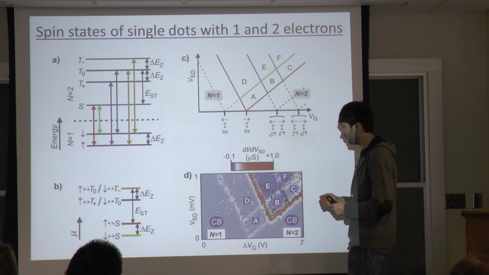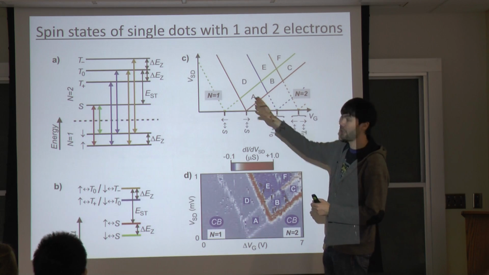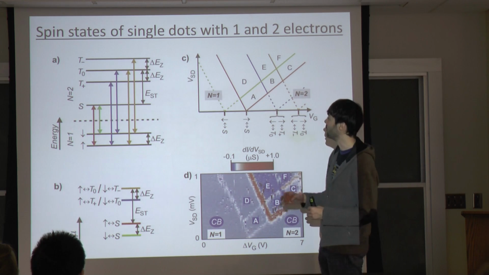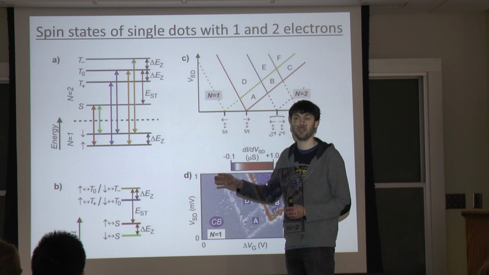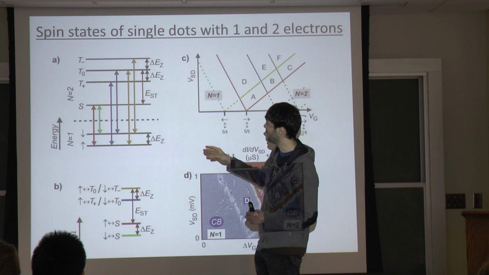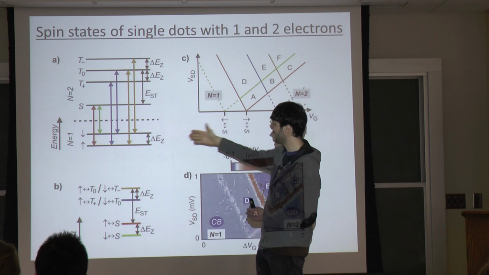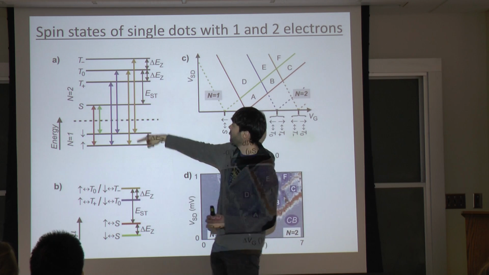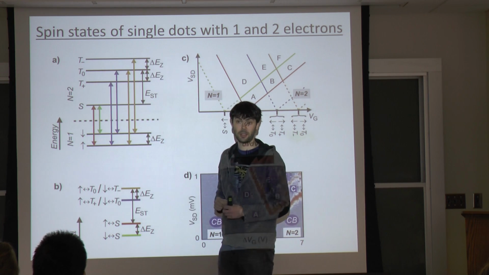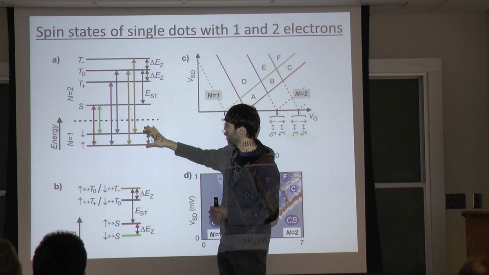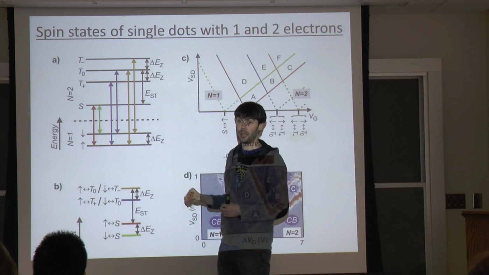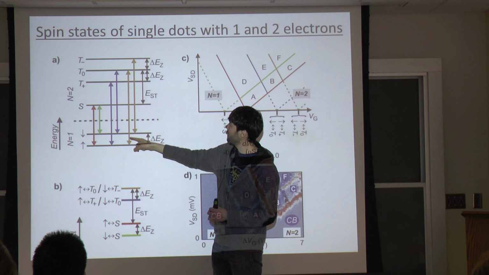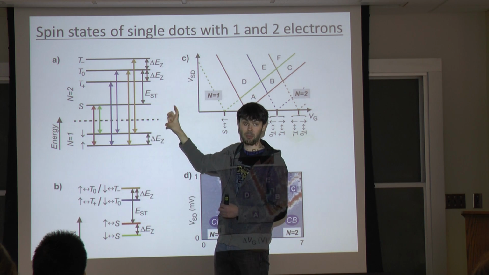Now you can see all these states in Coulomb diamonds. We will have to play the same game as we played in the last lecture and figure out, in this case for finite field, what would be the different energies of transitions between states of one electron and the states of two electrons. And some of them, you can see they have the same color. That means they are the same length.